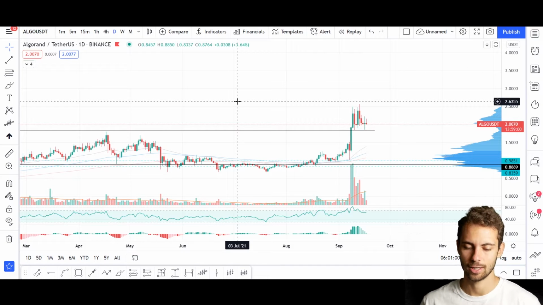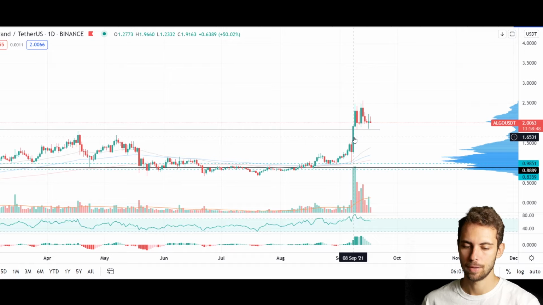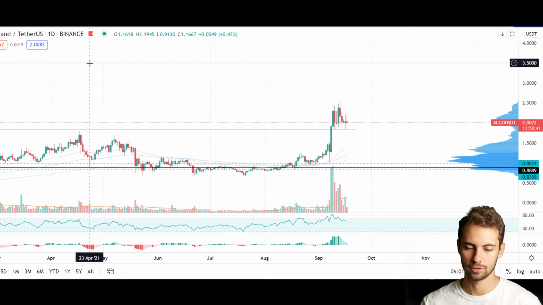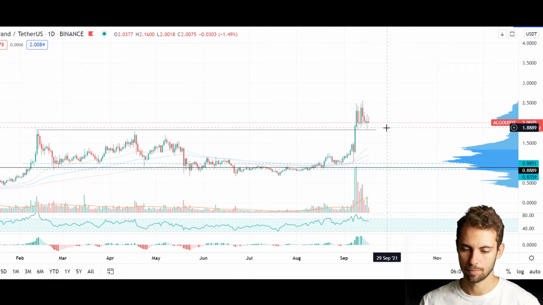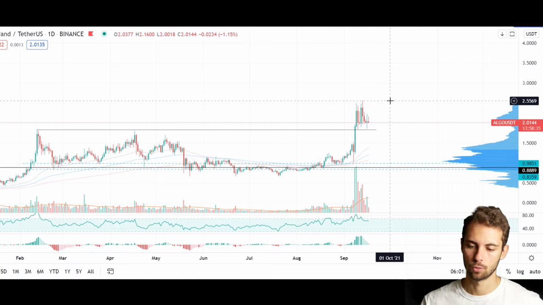So Algorand right now is traded at $2 and had a massive rise during recent weeks. Right now we are forming something that is called a bull flag. Then we can find there is a tail of a flag, and right now we are forming something like a channel that is limited by 1.85 and also 2.5 dollars.